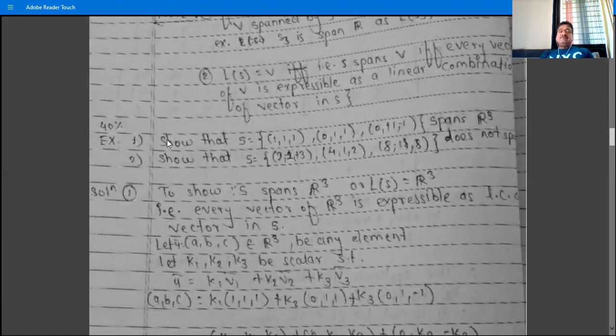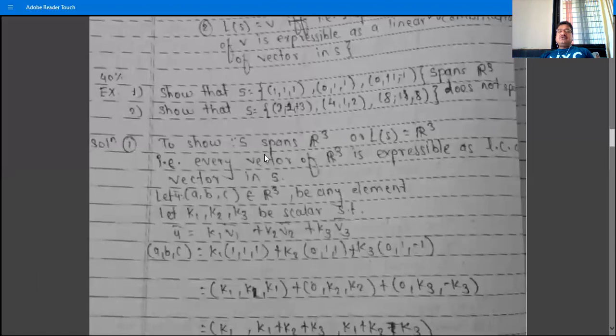Now the answer of the first example. What we have to show? To show S spans R3, that is, LS is equal to R3. When we say S spans R3, LS is equal to R3.